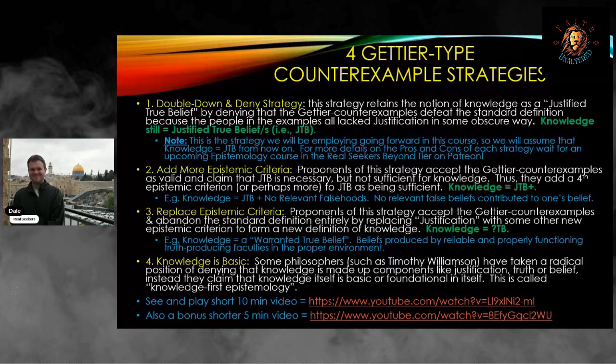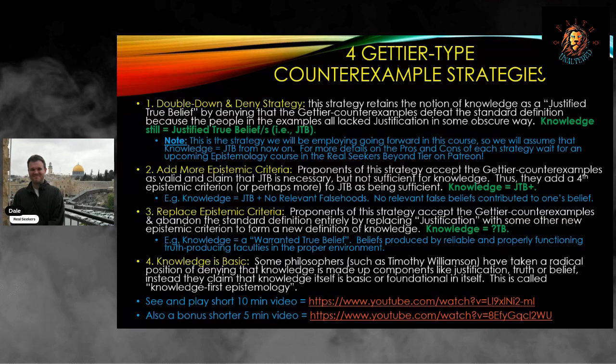And here's one such example of this strategy in practice. It's called the justified true belief plus no relevant falsehoods. This would take into account David Russell's example, remember that hockey fan watching his Stanley Cup game. This would take care of and solve Russell's problem.